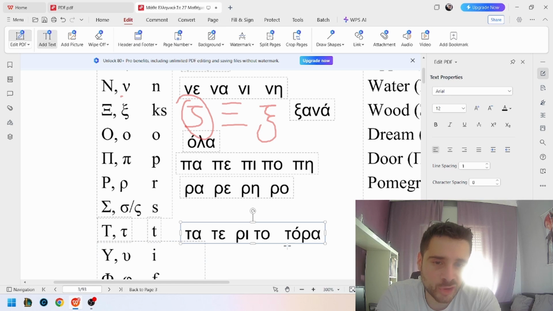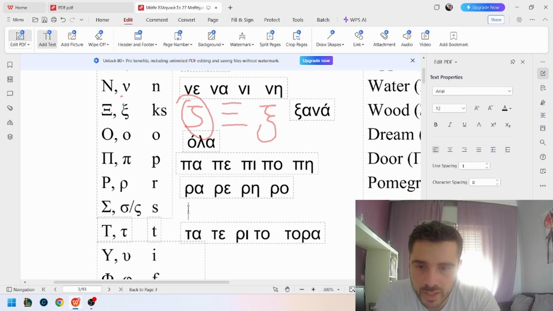Tora means now. What I wrote here is not the correct spelling, but for now the sound will be tora. Actually, we write it with the omega, which we'll see later as the last letter.